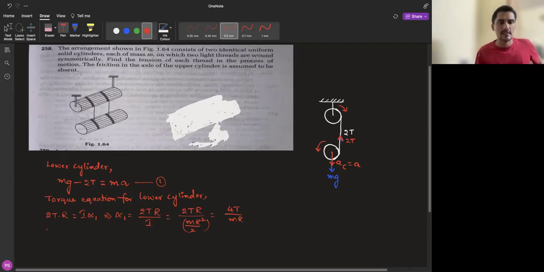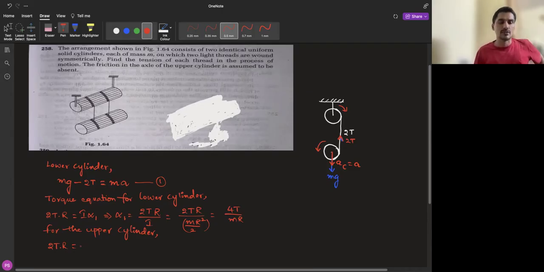Now let us take the torque equation for the upper cylinder. The upper cylinder is only rotating. It is not in translatory motion. Its center of mass is at the same position, right? So I write the torque equation for the upper cylinder as again 2TR, because the upper cylinder is also rotating about its own axis because of 2T tension.